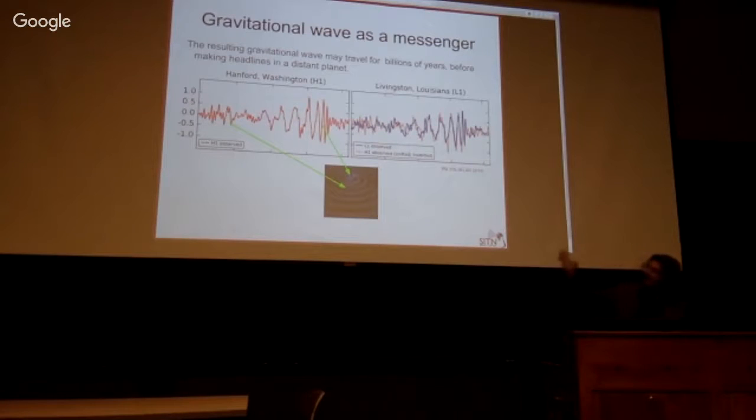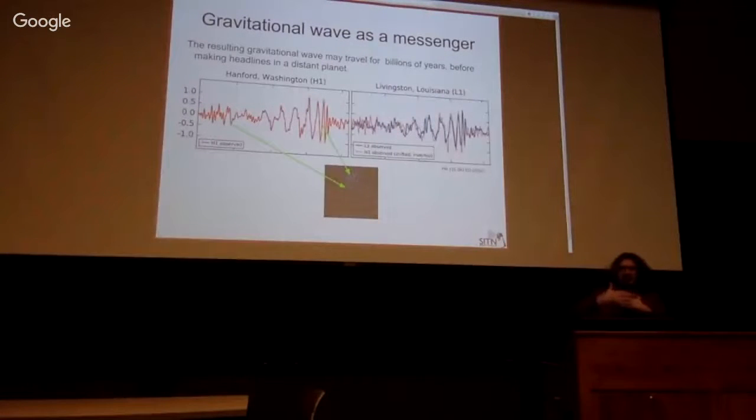Now, what you're seeing on the vertical axis is the change of the arm length, or something that is proportional to it. Don't really worry about the details. It essentially characterizes how much of a change there is along a given arm of light.